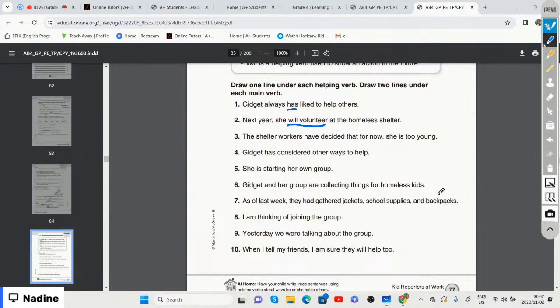So what you can do is, within your own time, once the lesson is done, or maybe during the course of the day, you can just identify the helping verbs as well as the main verbs on this page, page 77 on A plus classes.ca.